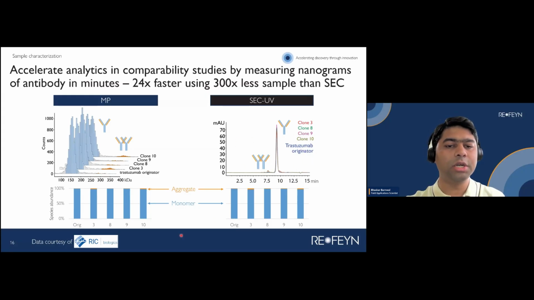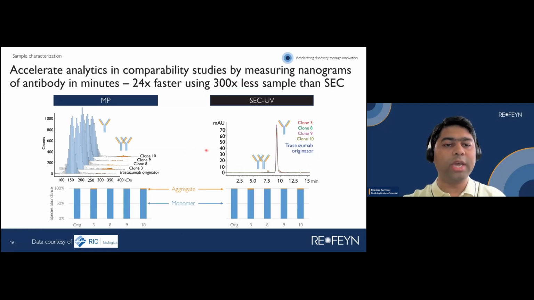As you can see here, clone number 3 and clone number 10 have a higher proportion of aggregates, which we also see in the SEC-UV data. What we see is that clone number 8 and clone number 9 have aggregation which is very similar to the originator molecule. That means more molecules are in monomer form, and that's what we see in the mass photometry data as well as here.